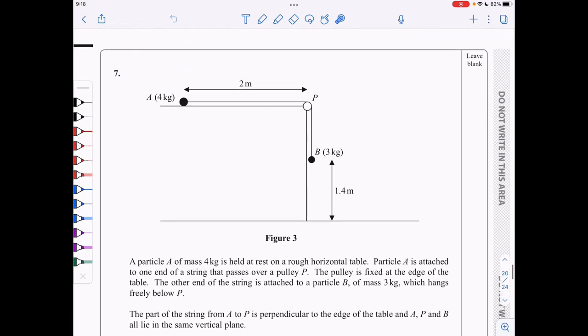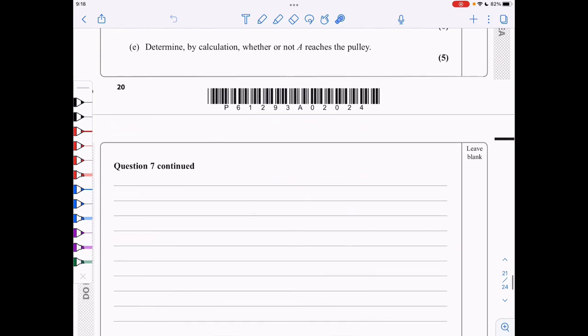First of all, the fact that the string is inextensible means that both B and A experience the same acceleration. I will start by considering B. We know that B is released from rest, so the initial velocity is 0. We know that the displacement, the distance covered, is 1.4 meters because that's the distance to hit the ground, and the journey took 2 seconds.